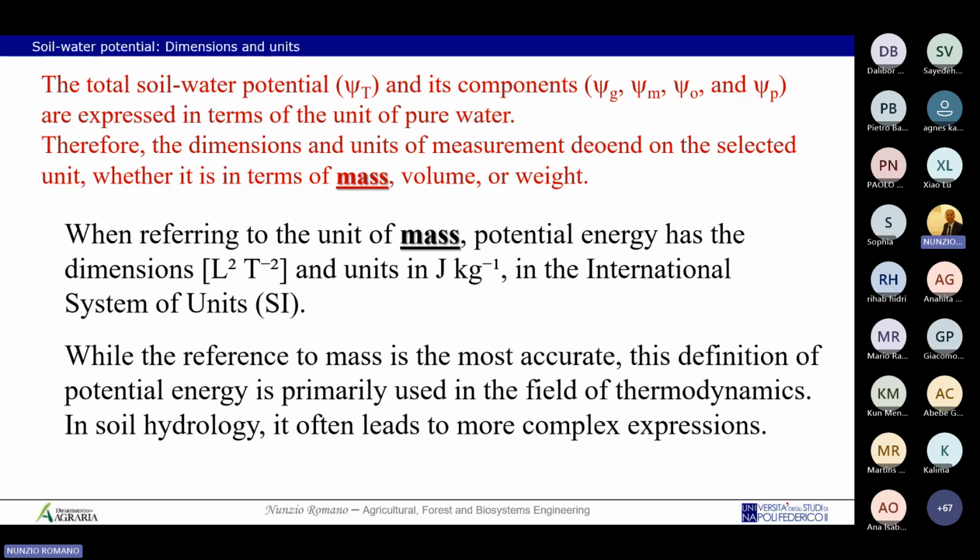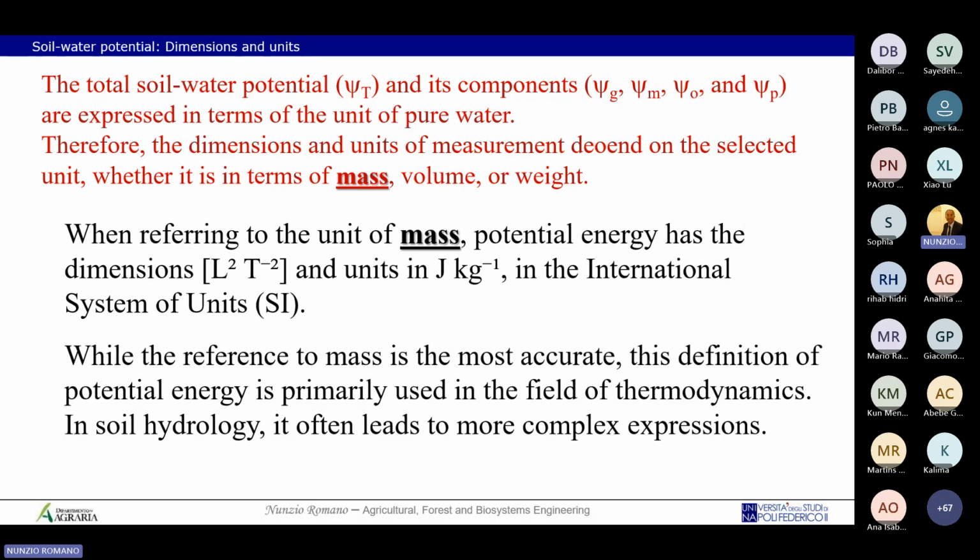The total water potential has the components of gravitational, matrix potential, osmotic potential, and pressure potential, but the dimension unit depends on what we refer to as a unit of pure water. Do you remember the definition of reference? The reference can be a mass of water, or the volume of water, or the weight of water.